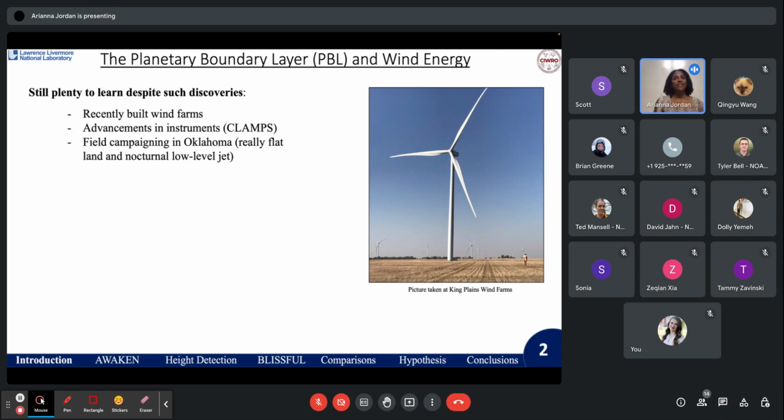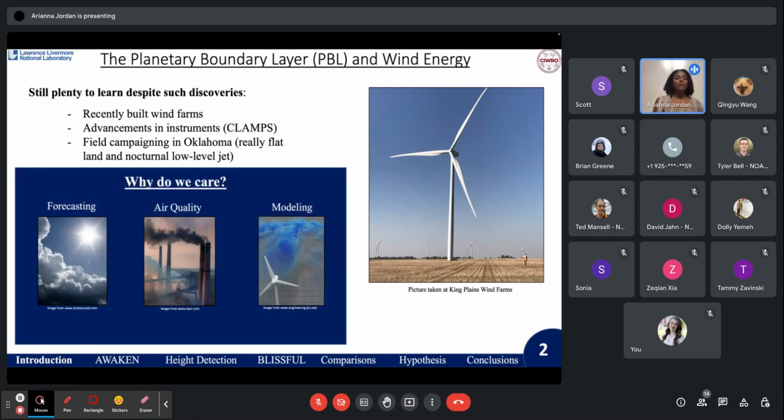So you might be saying, okay, Arianna, why is this important? Why do we care about turbines? Well, if we understand the impacts on the atmosphere, we can help in the realm of forecasting, including severe weather. We can also better understand how pollutants in the atmosphere are transferred via the exchange of the wind turbines, which will help from an air quality stance.